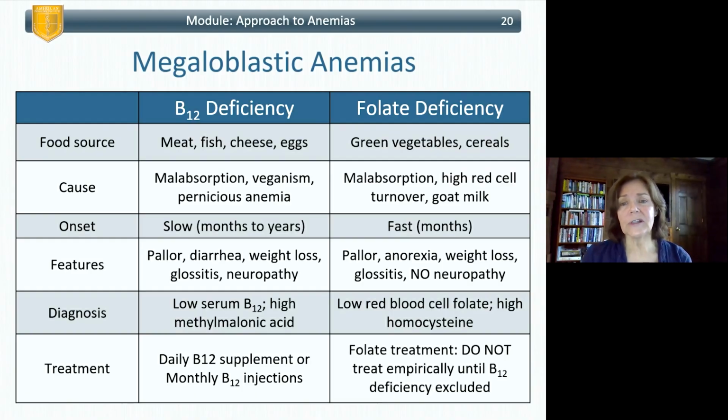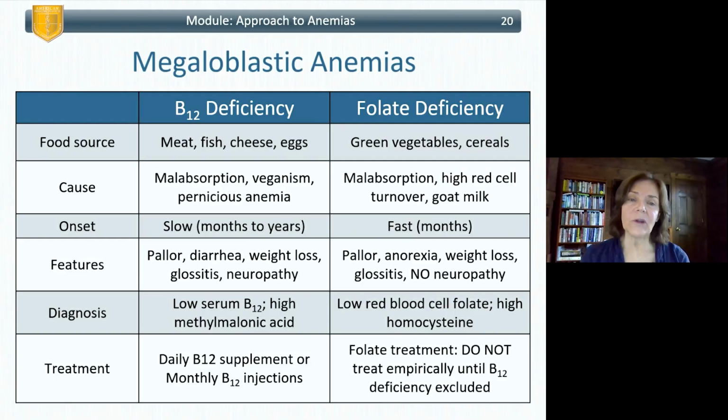Whereas folate deficiency happens rapidly, over months, because our folate stores are lower and we use them more frequently. Signs and symptoms of these are quite similar. However, in B12 deficiency, you will have eventual neuropathy if the deficiency is occurring over a long period of time, whereas in folate deficiency, there's no neuropathy.